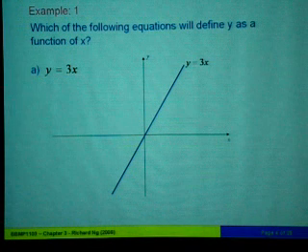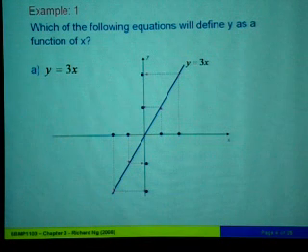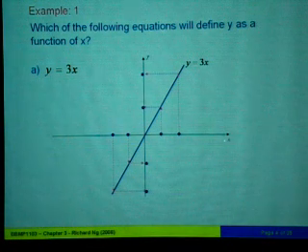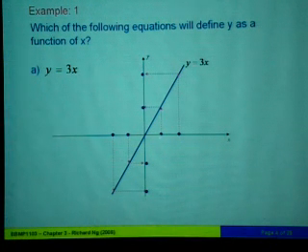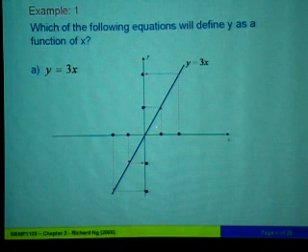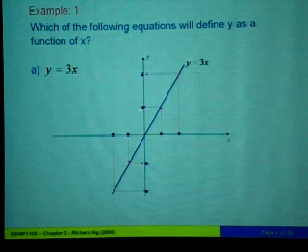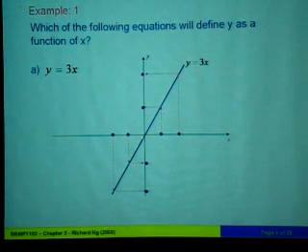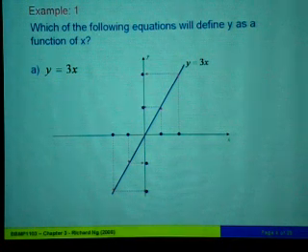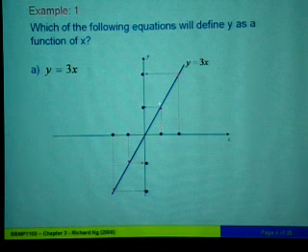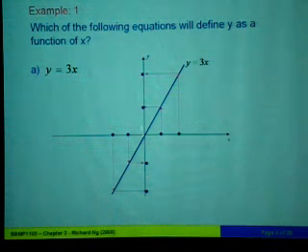Okay? So from this line, what you do is find an input from x, draw a dotted line onto the line, and then from here look at the output on the y-axis. We can see from this graph that one input produces one output on the y-axis. One x produces one y.